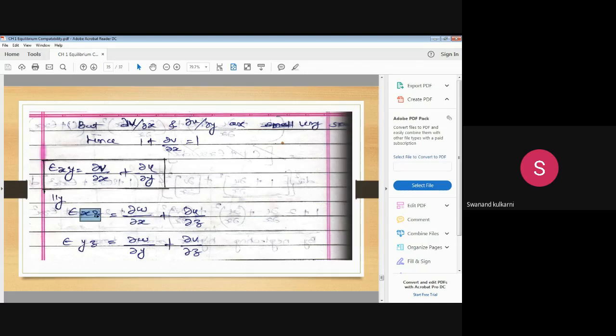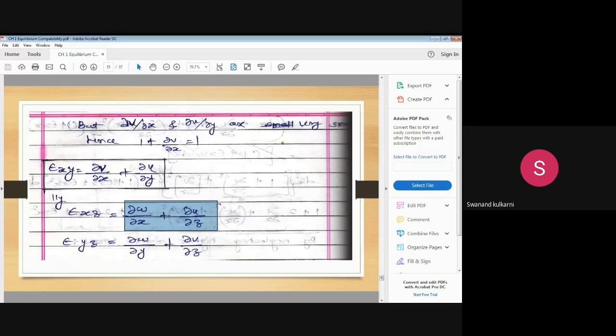So w is the parameter along the z axis and x is considered in the x direction. As it is shear strain, always this kind of equation we will have to consider. So this particular equation we are considering with the concept of similarity. Is it okay? So the variable along the z axis is differentiated with x, and the variable along the x axis is differentiated with z. Is it okay? So this is the particular equation which we get.